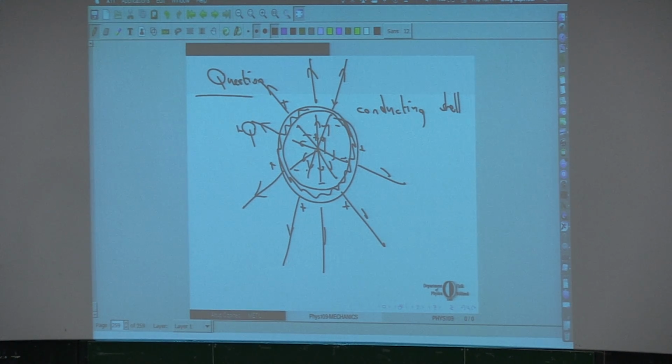Sure. Again, by Gauss's law, if you put any charge inside, the charge induced on the inner surface of the shell should always be negative of the charge you put over here. So the remaining charge should go out to conserve the total charge.